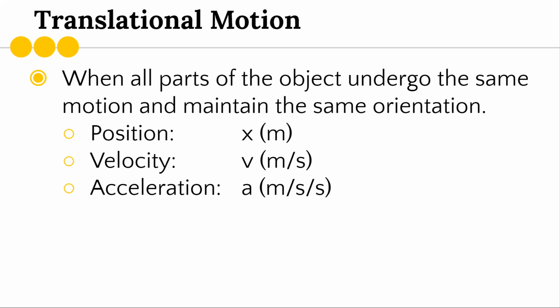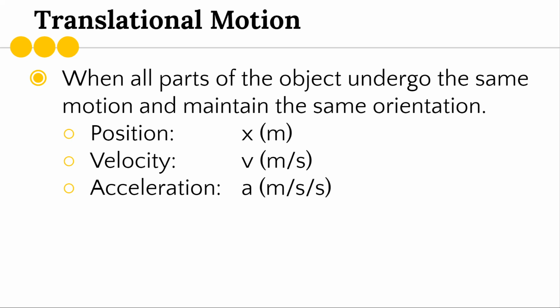So this is what we've seen this year. This stuff should look familiar. When we've talked about translational motion, we've talked about the position of whatever the object is in terms of x. That's the variable that we see in our equation. We can determine an initial position and a final position, which we called x naught and x, and we measure that in meters.